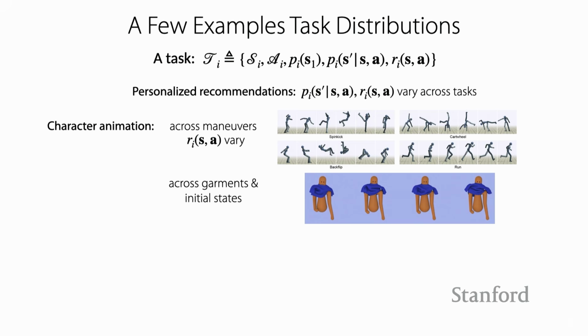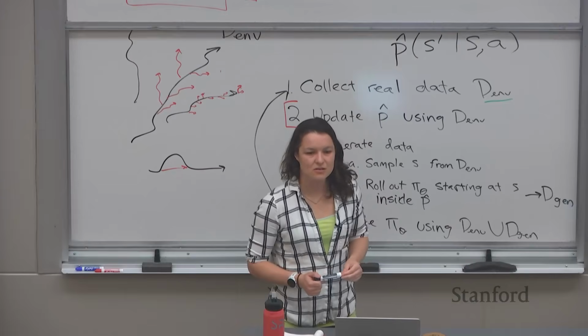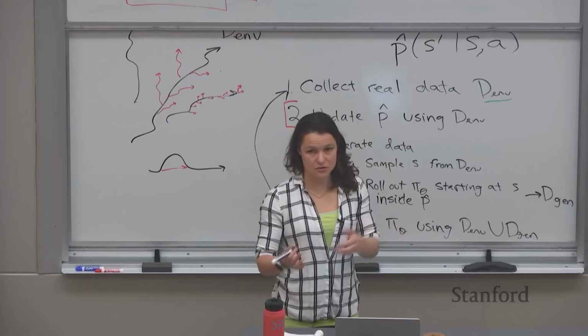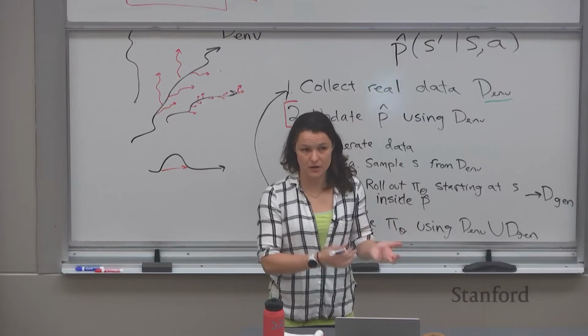Does anyone have thoughts on what would vary across these tasks? Yeah, so the policy might vary. The policy will also vary in all of these cases for different tasks. Yeah, and the physics of how a long sleeve shirt versus a short sleeve shirt will behave will vary across tasks.